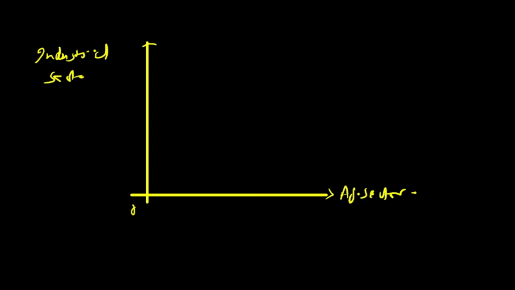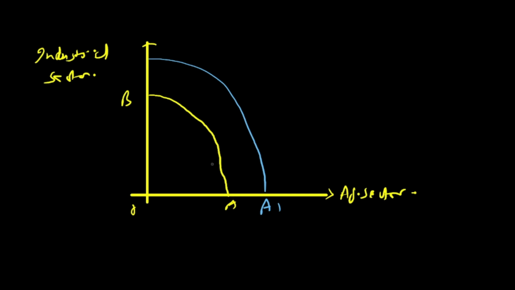So these are two types of sectors or industries in an economy. So initially PPC is, let's say, AB, and in long run economic growth PPC completely shifts to the right from AB to A1 B1. So this is called long run economic growth or potential economic growth.